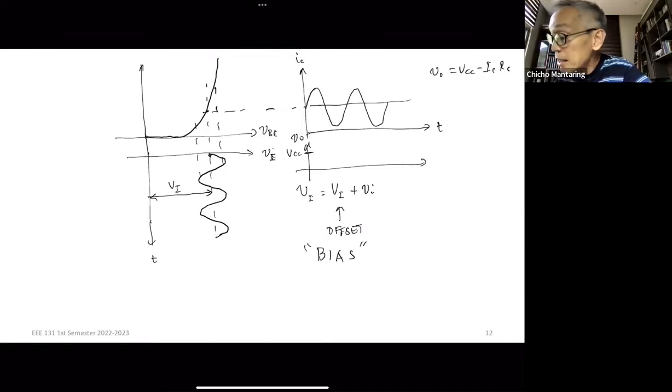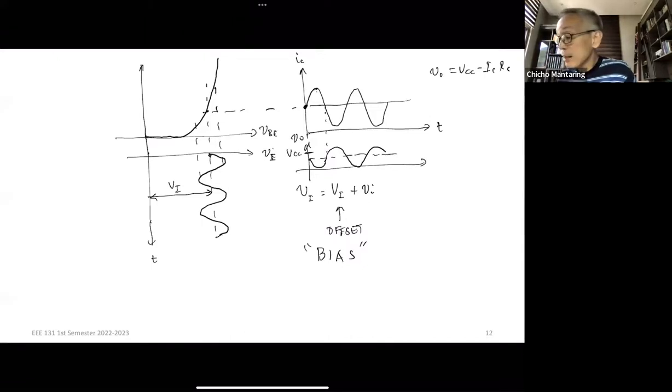Habang tumataas yung I_C, liliit yung output natin, no? So we'll probably start here. And then habang bumababa yung I_C natin, lalaki yung output. Anyway, it's going to come out something like this, no?